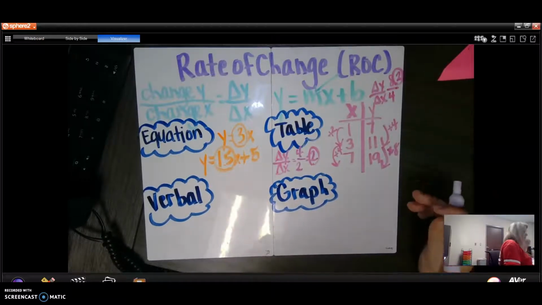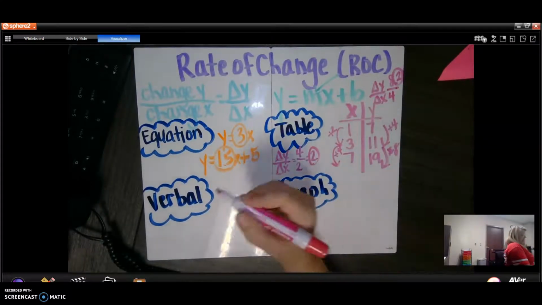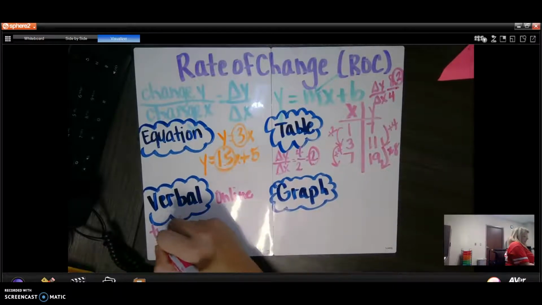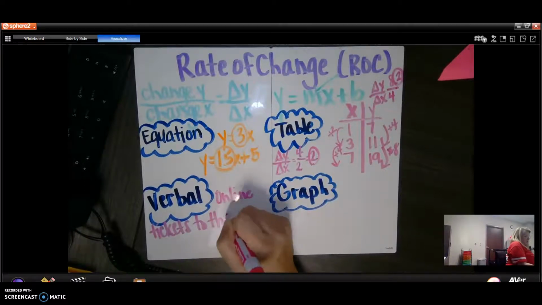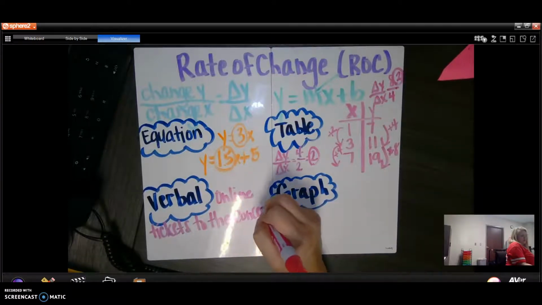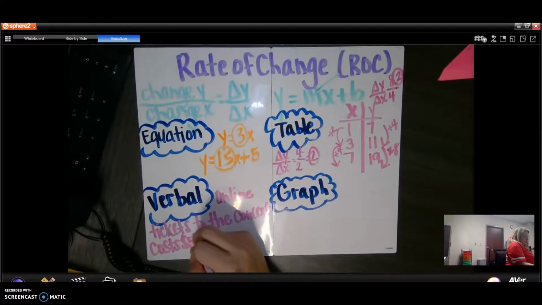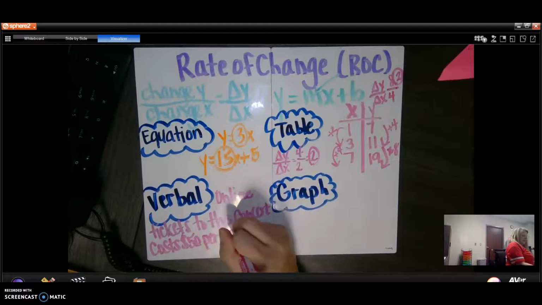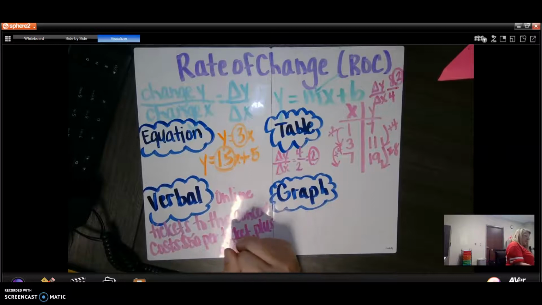All right, let's talk about it as a verbal description. So if we were to write a verbal description, like online tickets to the concert costs $50 per ticket plus a $7 fee.